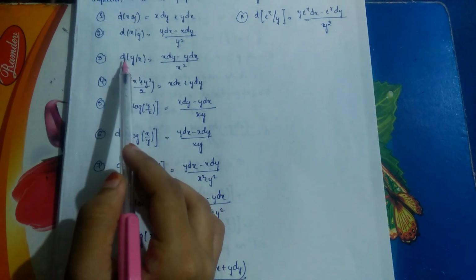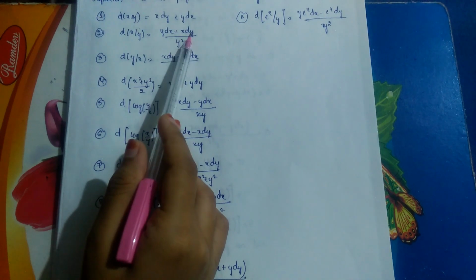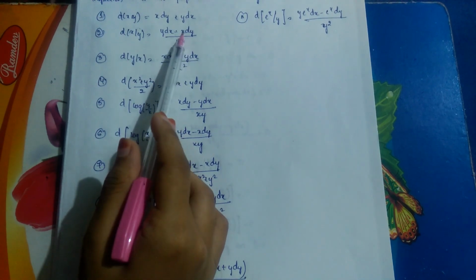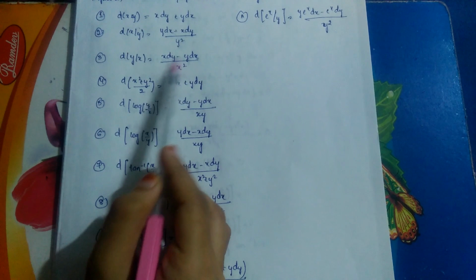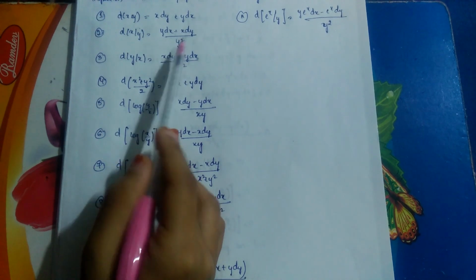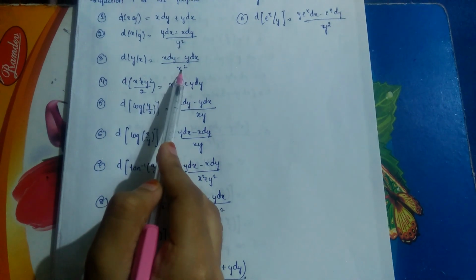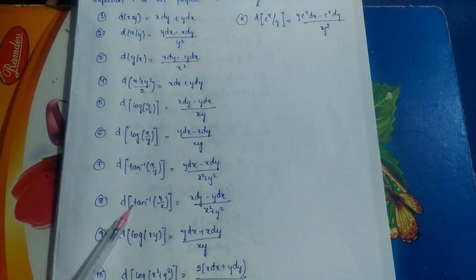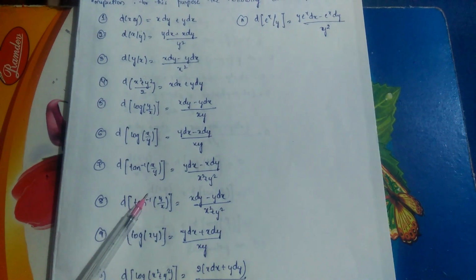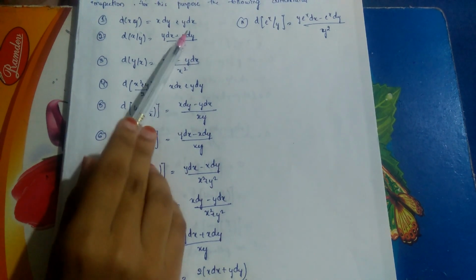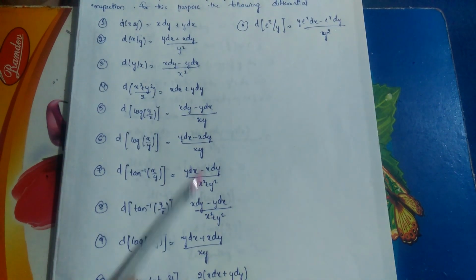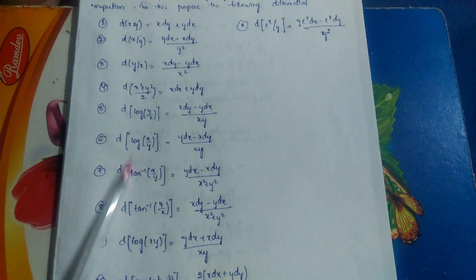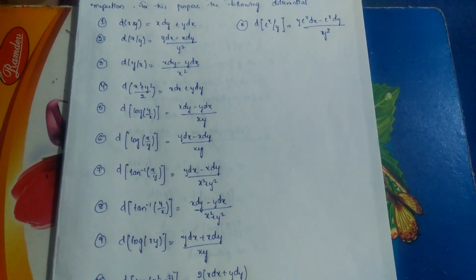Then if we have y by x, we can interchange the terms, so x dy minus y dx divided by, here we got y square, so here you will get x square. Similarly, for log and for tan inverse, you can easily remember. So whenever you find these right hand side terms, then you can use the differentiation in the problem.